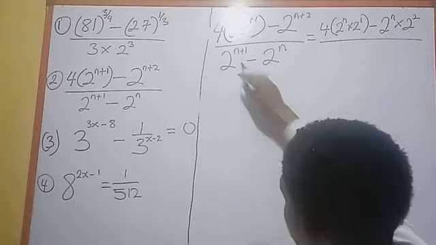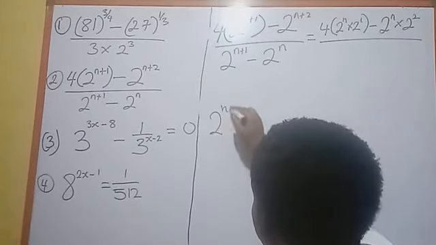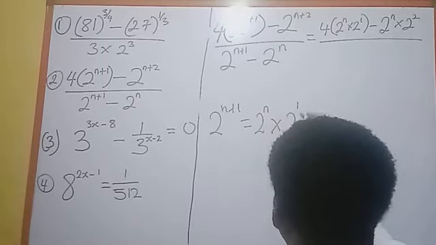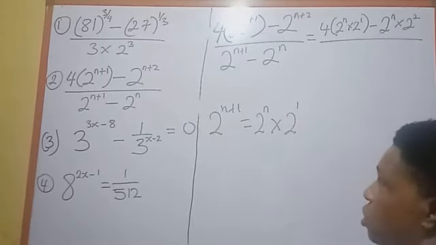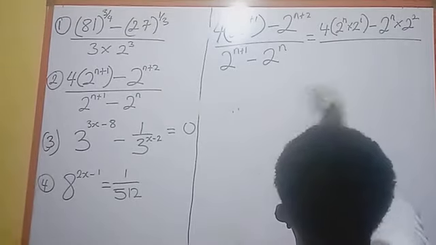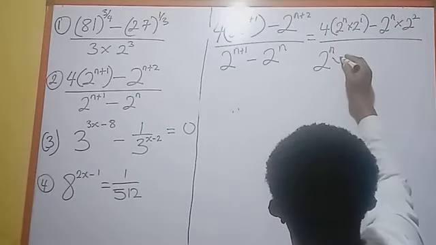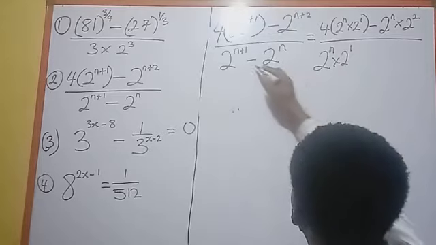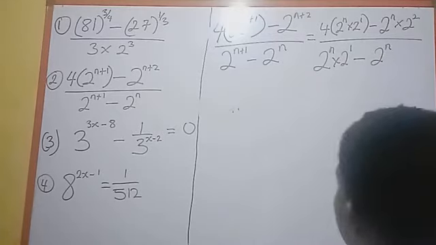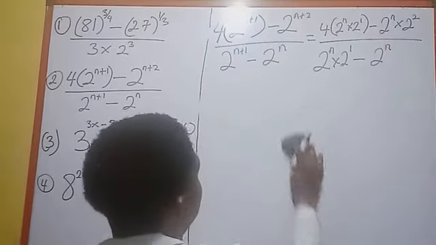All over, the same way you apply this one: 2 raised to the power n plus 1 is written as 2 raised to the power n times 2 raised to the power 1 according to the law of indices. So here you're going to have 2 raised to the power n times 2 raised to the power 1, then minus 2 raised to the power n.